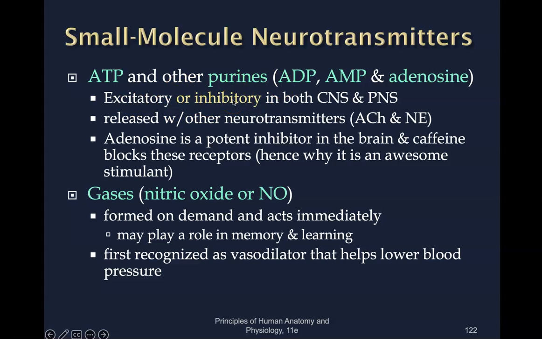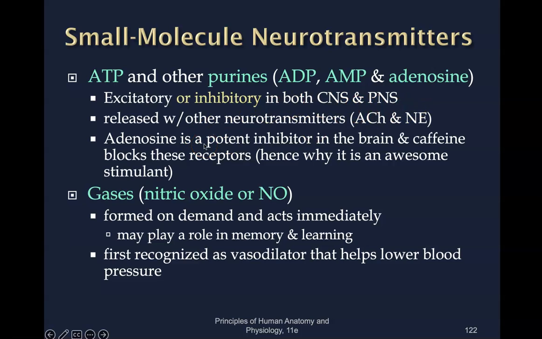They can be excitatory or inhibitory in both the central nervous system and peripheral nervous system, so it just depends on where they're at. And they're oftentimes released with other neurotransmitters, like acetylcholine or norepinephrine. So again, you just have to know at the really basic level that they can be excitatory or inhibitory, and they're in the CNS and the PNS.